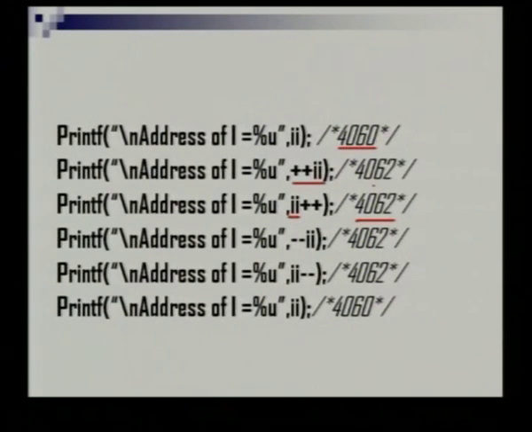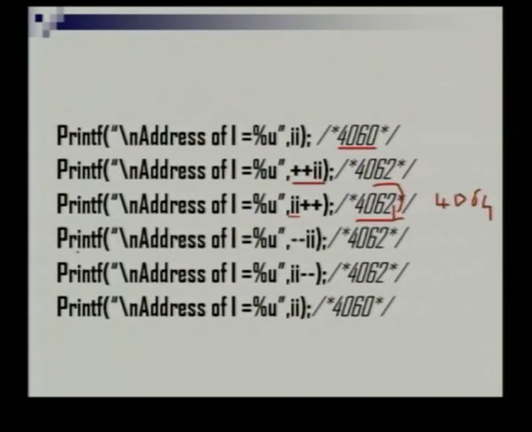So the same 4062 that is printed in the previous line will also be printed over here. But after the address is displayed, its value will be incremented by 2. So after the execution of this statement, the value will be 4064 because of this post incrementing operator.